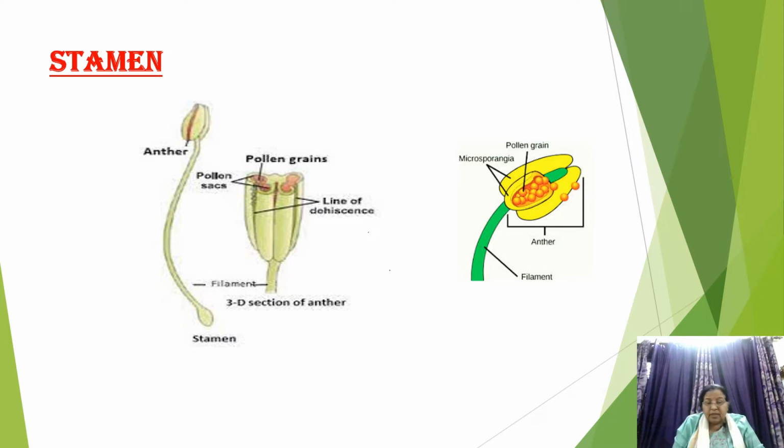Okay, so inside the anther, the male gametes are going to develop in the pollen grains, and these are also called the pollen sacs, or they are also called the microsporangia. Okay, so let's study it in detail.